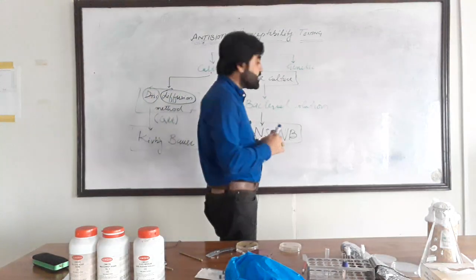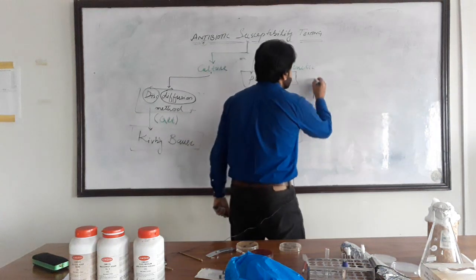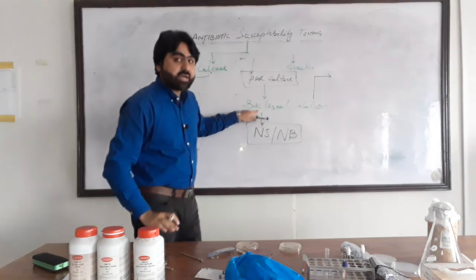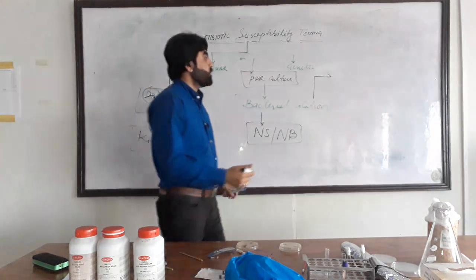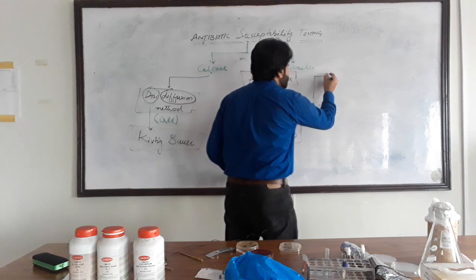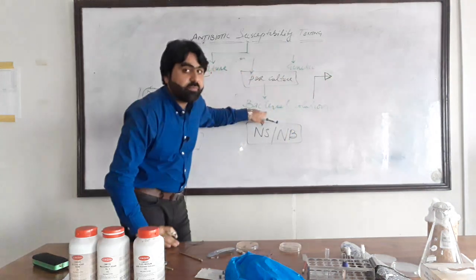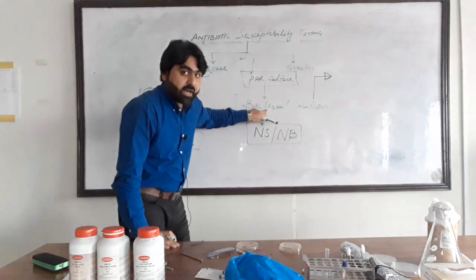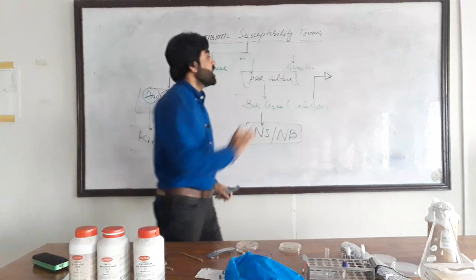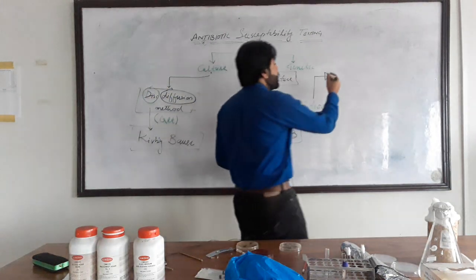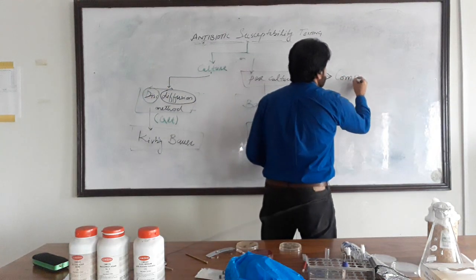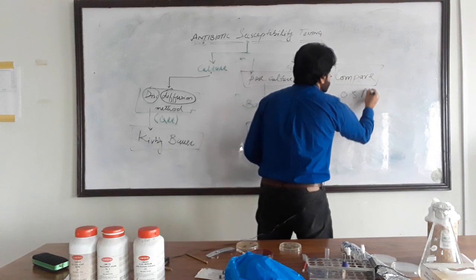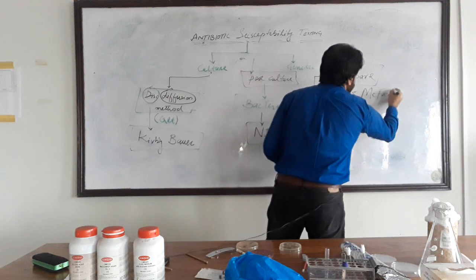Now, because this solution contains bacterial cells and you want to test them against antibiotic, it is very important to standardize the number of bacterial cells in this solution, or we will calibrate this bacterial suspension. So, how can we calibrate? We will compare this solution with a 0.5 McFarland standard, as I have discussed in my previous lecture.